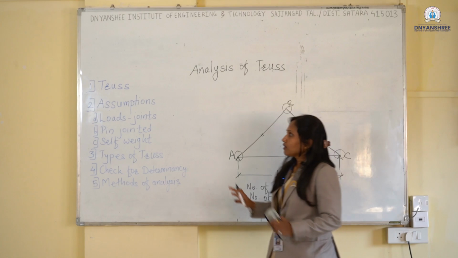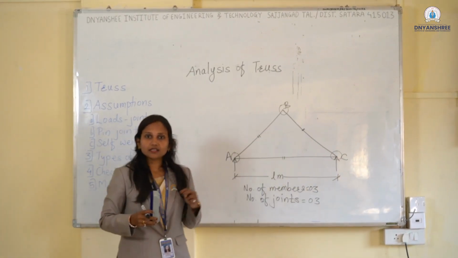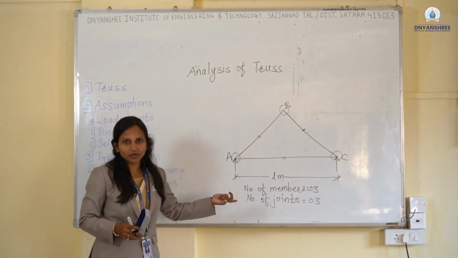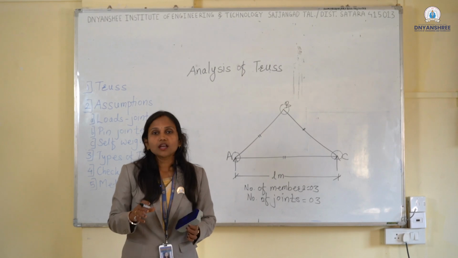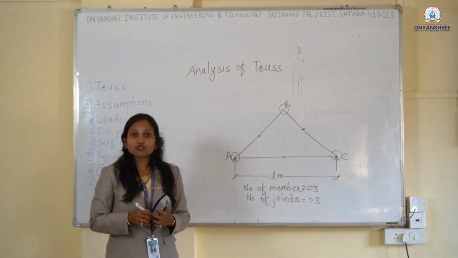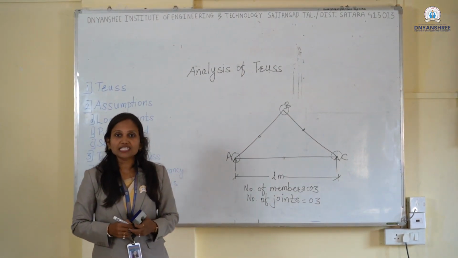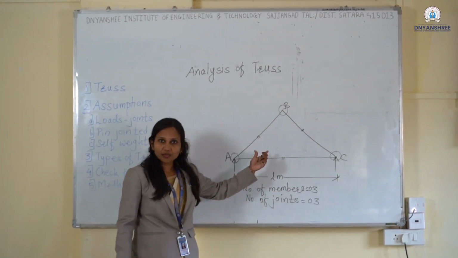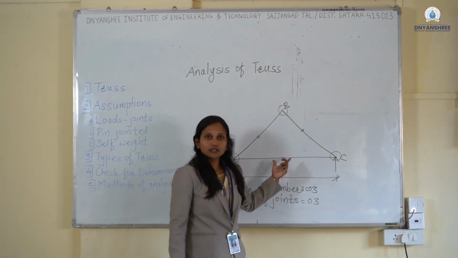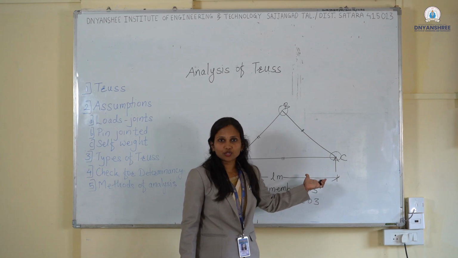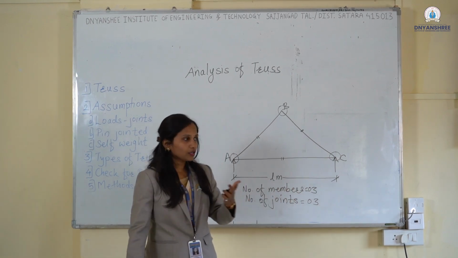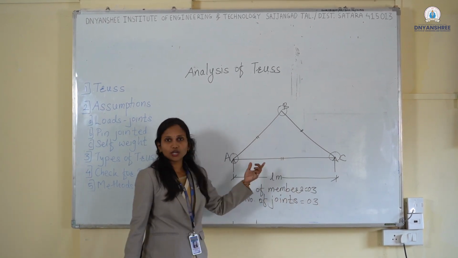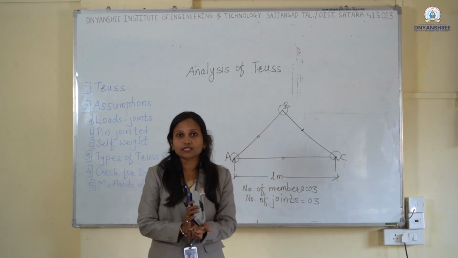Now a truss is an assembly of 2-force members. 2-force means there are only compressive forces and tensile forces, so we have to analyze whether the forces are compressive or tensile. I think you have gone through the characteristics of force and what is meant by force.